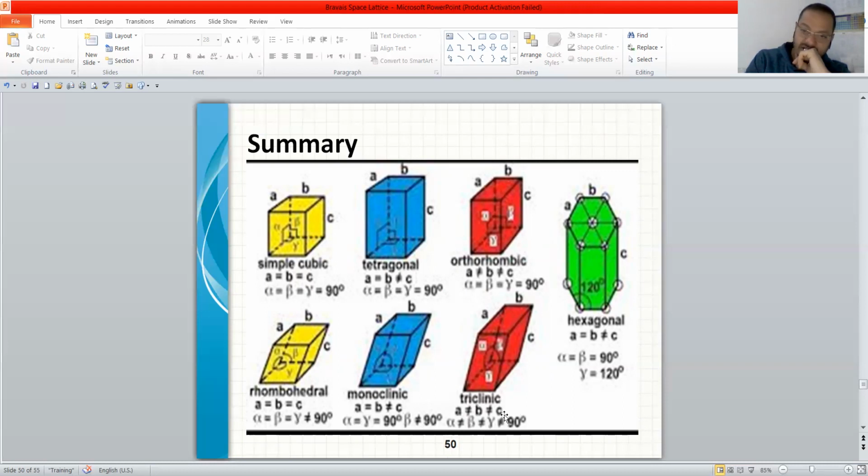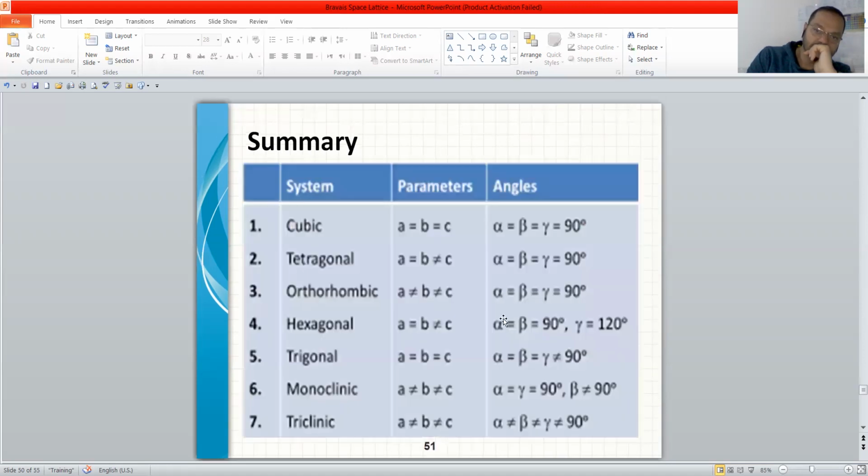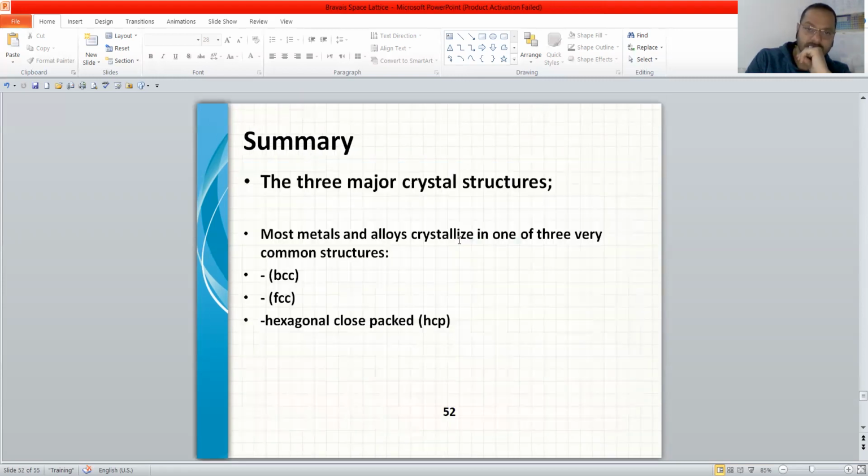At the last one, hexagonal, A equals B but doesn't equal C. Alpha, beta equal 90 degrees, but the last one, gamma, equals 120. This is a good table to do a great review and focus on this important information.